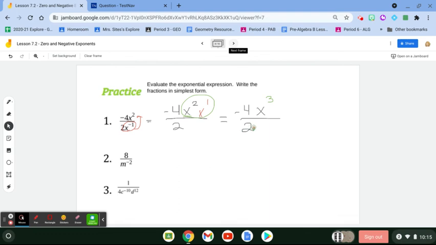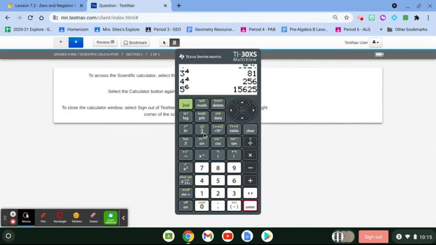Now, the last thing I want you to always look for is if you cover up your variables in the problem and you look at the larger numbers in the problem, like the -4 and the 2, I know if I punch -4 over 2 in my calculator, or even if you just think about this, -4 over 2 will simplify down to -2.